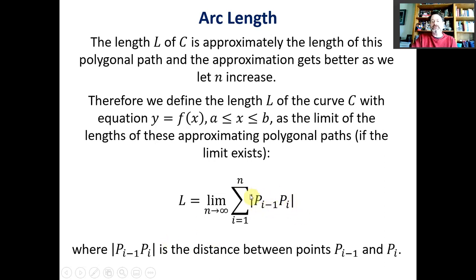This is just the distance formula between P(i minus 1) and P(i). If you remember the distance formula, it's the square root of (x minus x1) squared plus (y minus y1) squared. That's all in the notes, but if you forgot the distance formula, you might want to look it up real fast, so that when I show you the formula, it's not surprising.